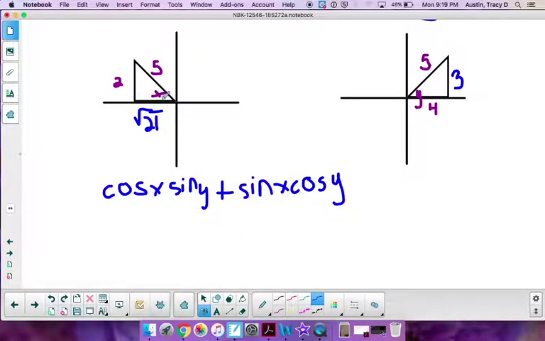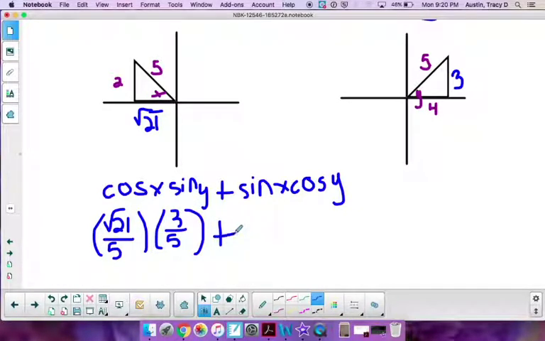So looking at x, the cosine of x is root 21 over 5. So we're just going to plug that into the formula. Root 21 over 5. Okay. And go over to the other side. Sine of y is opposite over hypotenuse, so that's 3/5. Okay, no problem. And then back to x, the sine of x, again, opposite over hypotenuse is 2/5.